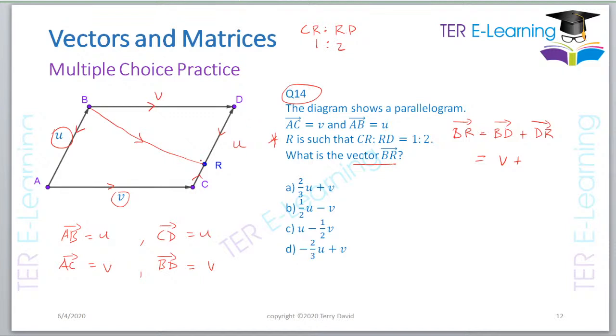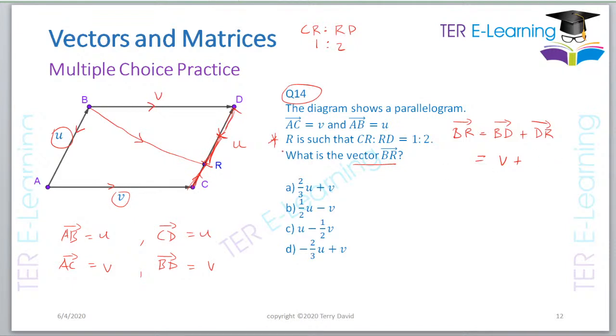So we're talking about length here. So this length CR is 1 to 2. So I want you to understand this. So this is one part, and this line RD is divided into two parts, right? So from here to here is one part, from here to here is a second part, right?